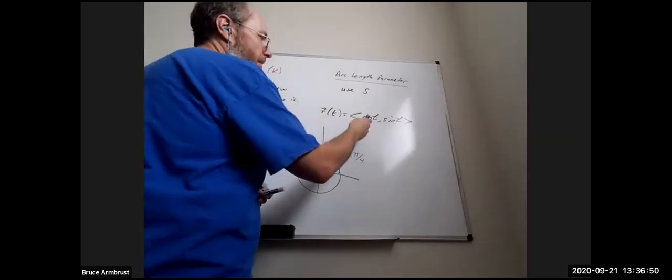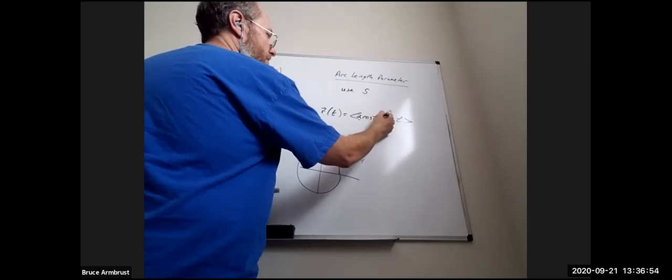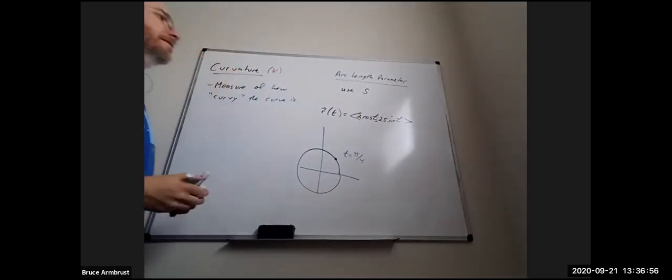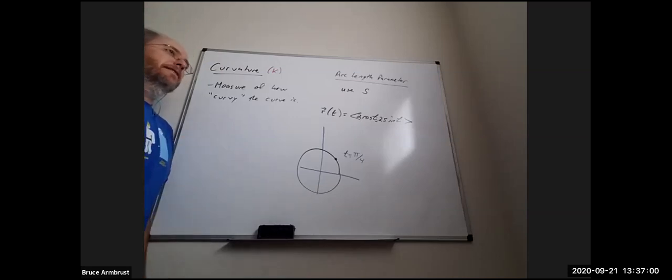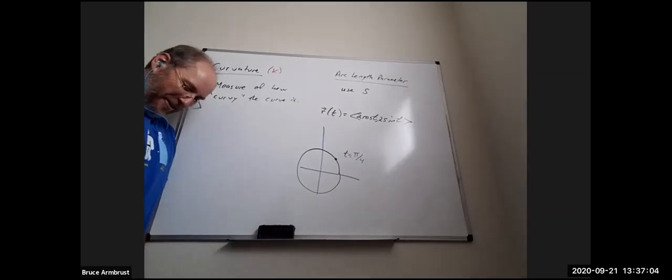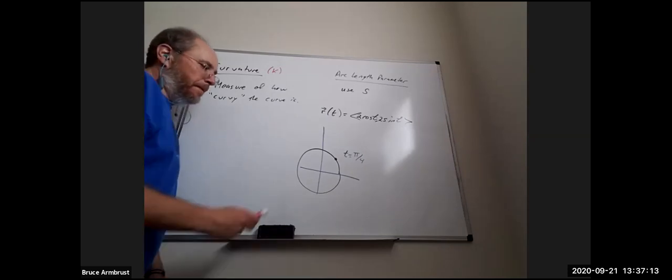I'm going to change this real quick. Put a 2 in front of all of these. Okay, that'll work. So this isn't a unit circle, this is a circle of radius 2.